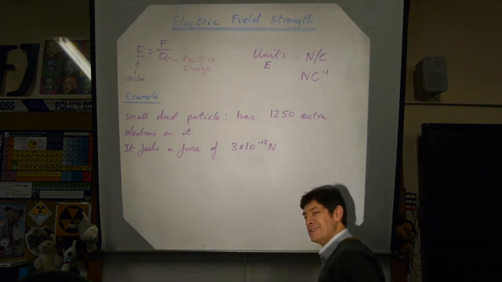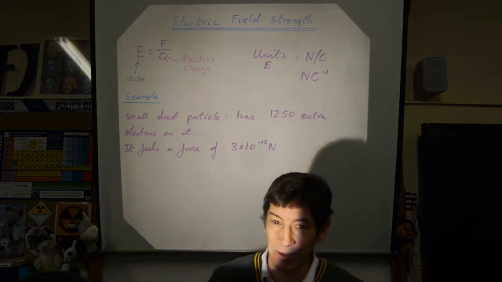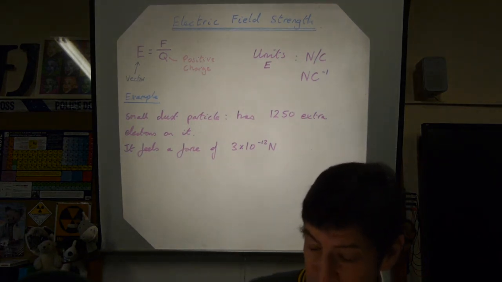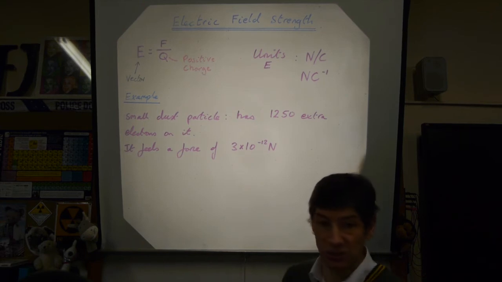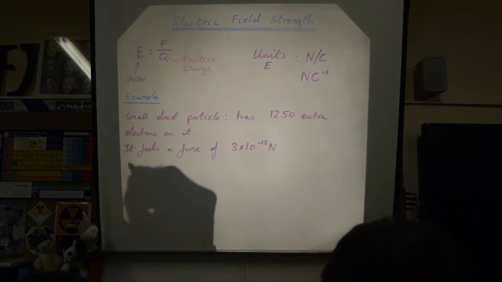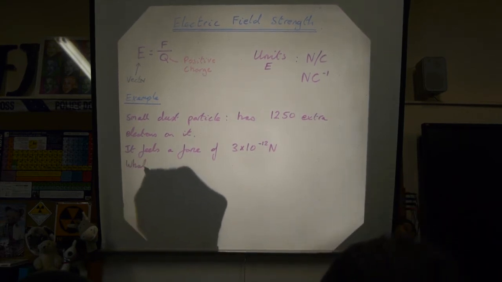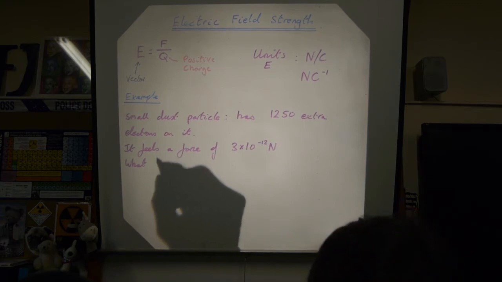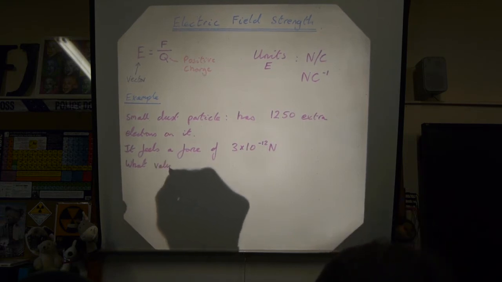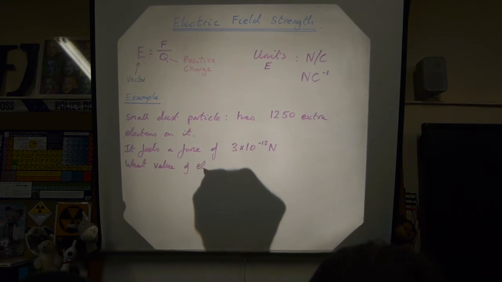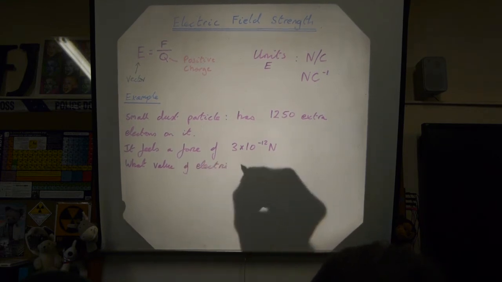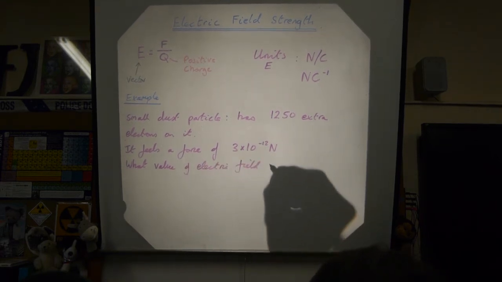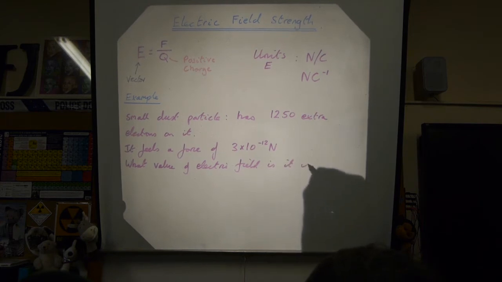If 10 to the minus 9 is called nano, what's 10 to the minus 12? Because it's another 3 orders of magnitude smaller. And we're going to ask ourselves, what is the strength of the electric field it is in?